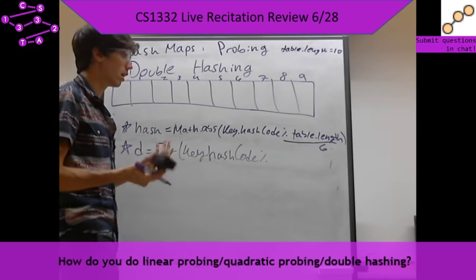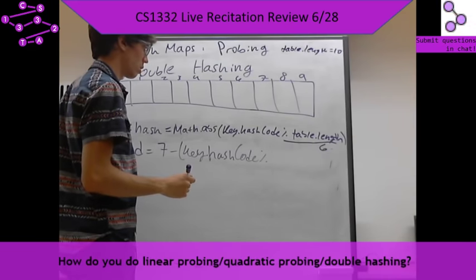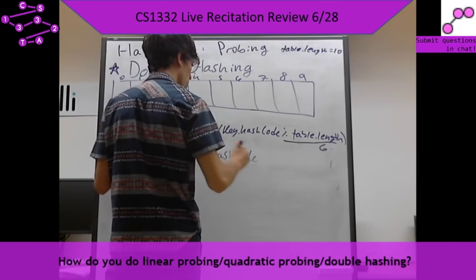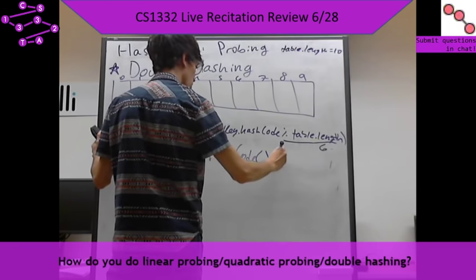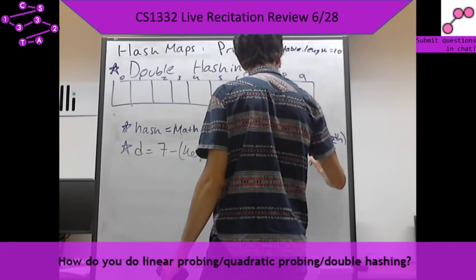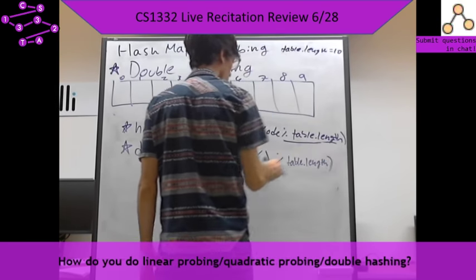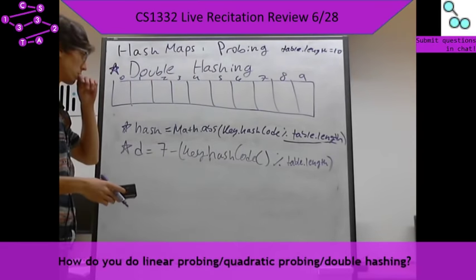If you don't have a null, it won't be an infinite loop. You'll just go through everything and determine that there is no null spot, and you have a remove marker. Versus with quadratic probing or double hashing, you won't find a null spot that might exist. Okay, I see what you're saying.